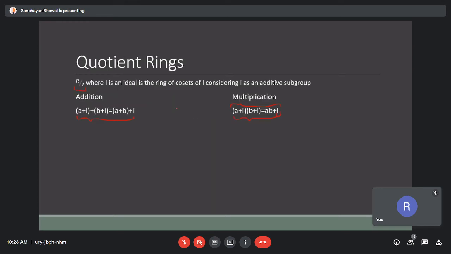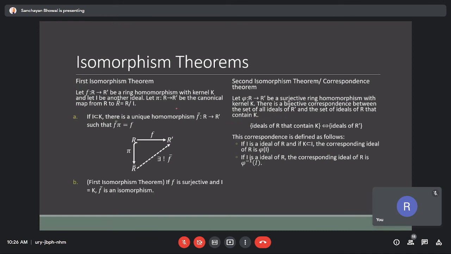Okay. Now here come two powerful theorems, the isomorphism theorems, just like we had in groups. So I take two rings R and R dash, with the kernel of f being K. So I have this R, I have this f, and R bar is R mod I, where I is an ideal.